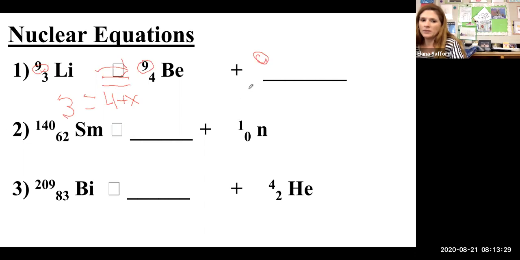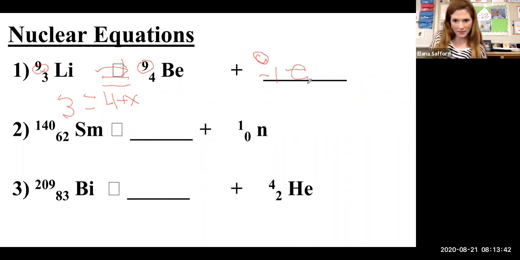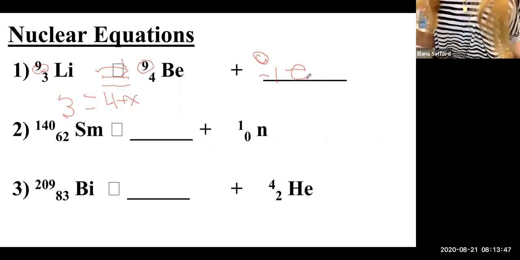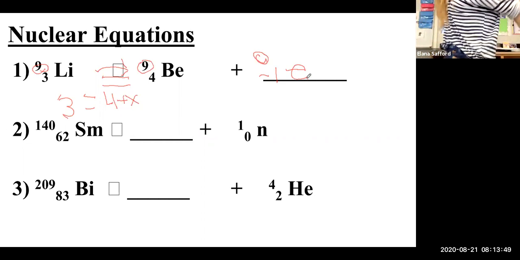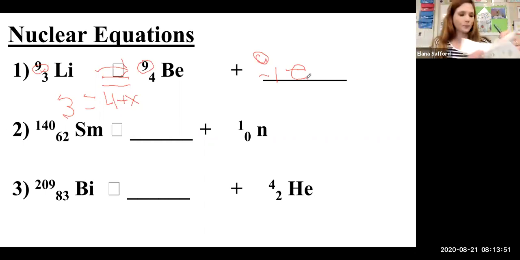So we're going to put in the 0 on top, a negative 1 on the bottom, and then I'm going to think about what does that look like? That looks like beta. And that's a very messy little e, but the beta symbol, if you remember from what we did before, is our symbol types.